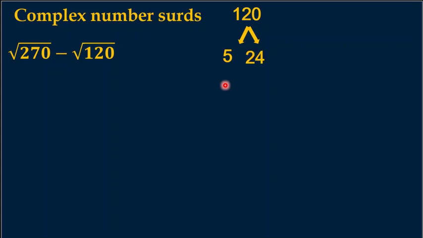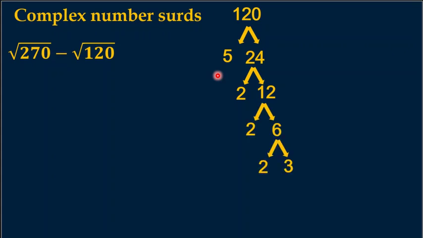And again, if you want to know whether 5 can divide 120, check the videos on divisibility rules, which will also be linked in the description. Alright, now eventually this is what you are going to get for the prime factors of 120. If you don't understand how, please check the video on it.